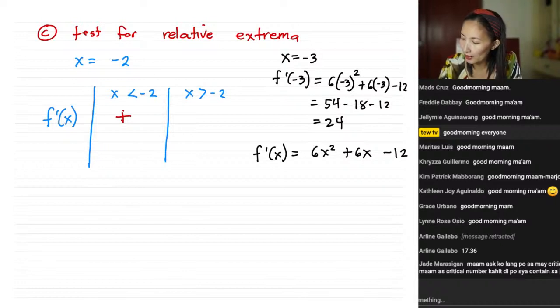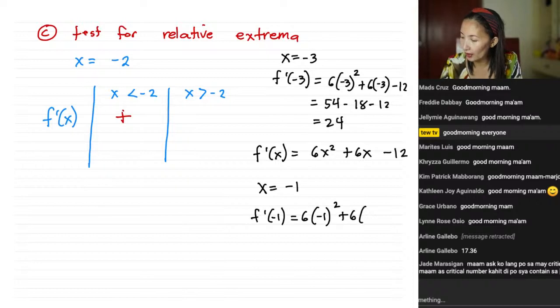So let x be 0, or negative 1 if you like negative 1. So f prime of negative 1 equals 6 times negative 1 squared plus 6 times negative 1 minus 12.